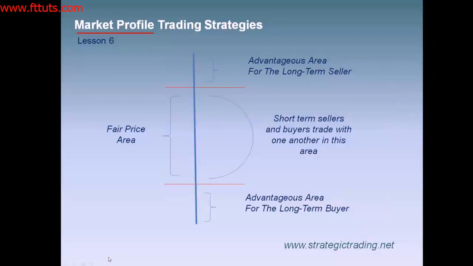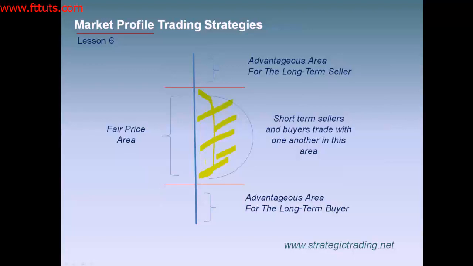All right, so to review again, when we look at the profile in general, we find that the value area will exist where there are lots of prints, lots of TPOs, and this will define for us the area of fair price.